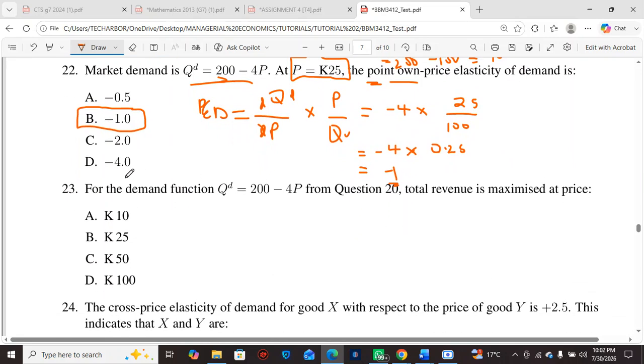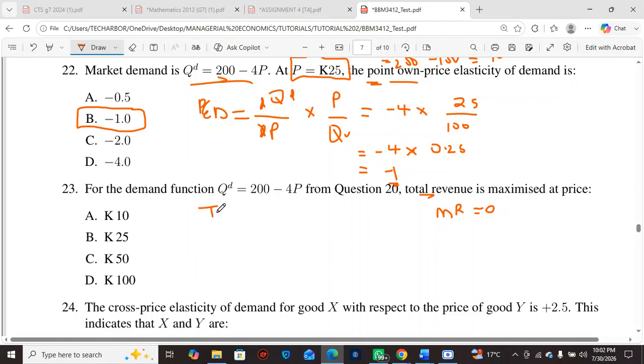Number 23. For the demand function QD equals 200 minus 4P, total revenue is maximized at. Total revenue is maximized where marginal revenue equals 0. So first, we need to get our total revenue.